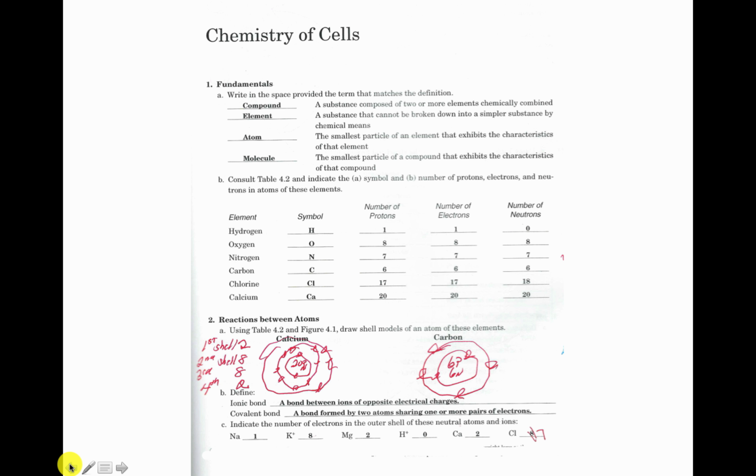They have more protons, which are positively charged, than they have electrons. Hydrogen I just showed you. You're supposed to indicate the number of electrons in the outer shell. With hydrogen, there is no outer shell, so there are no electrons.